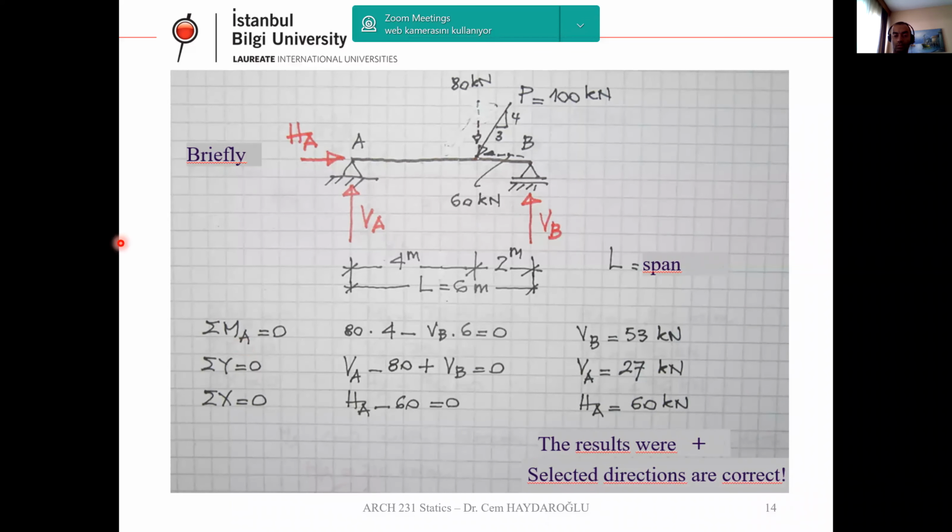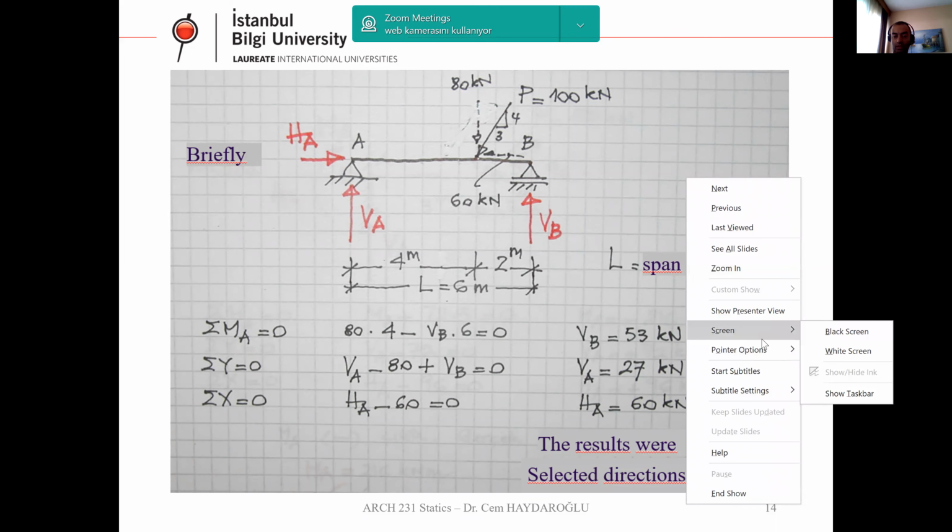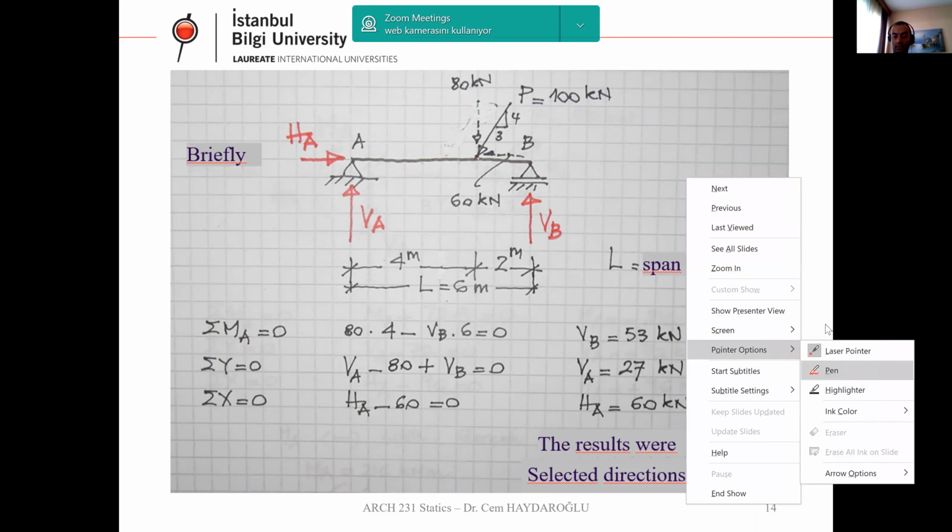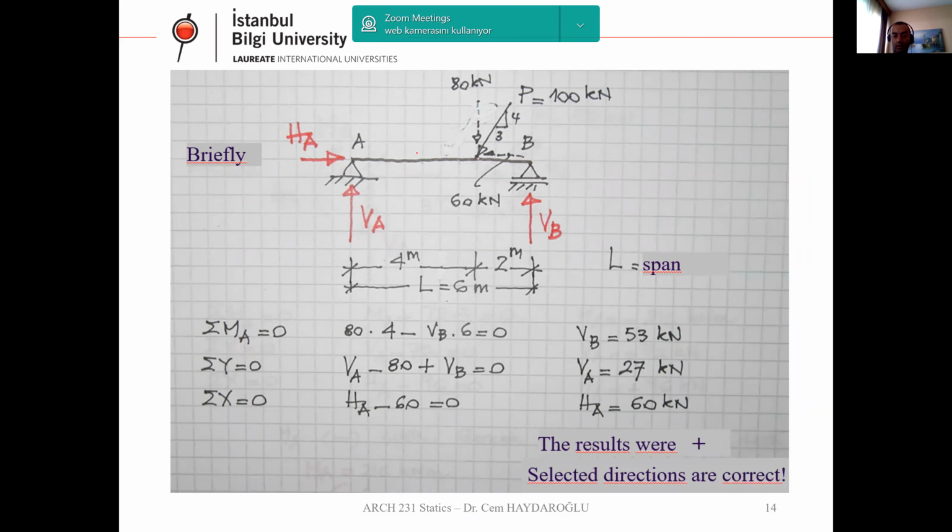So in this direction, 80, by the way, let me write on the screen, pointer option. Okay, I have 80 times 4, which turns the system in this direction. This force turns the system in this direction.